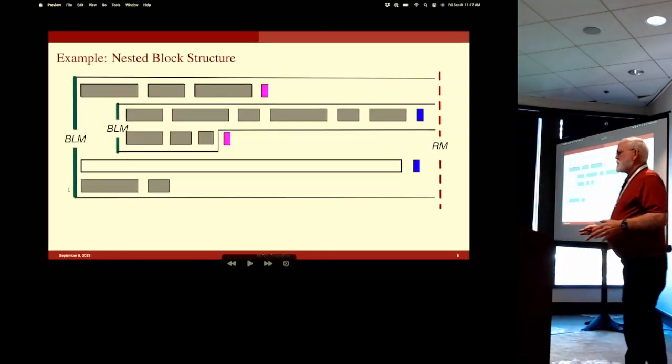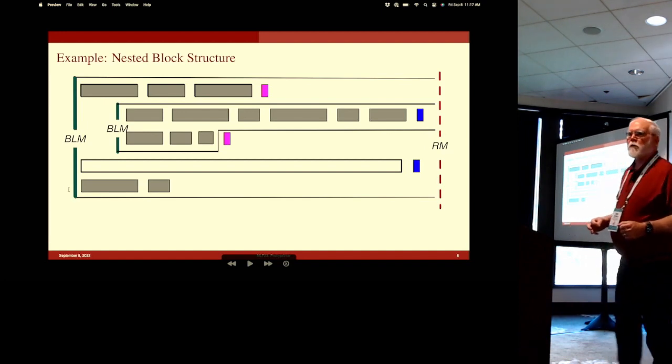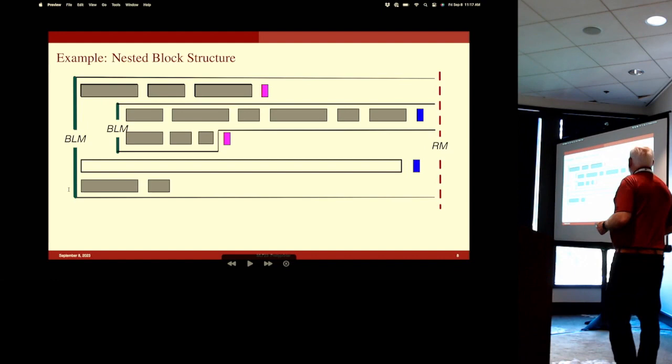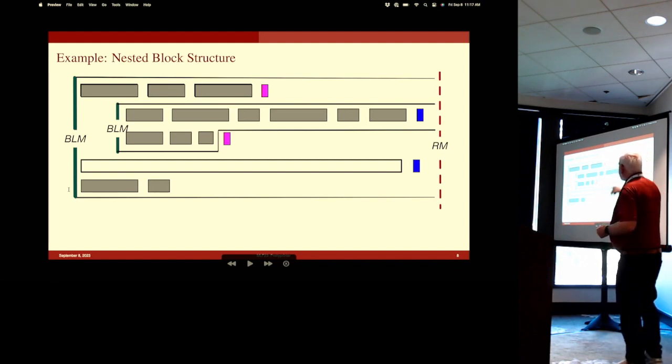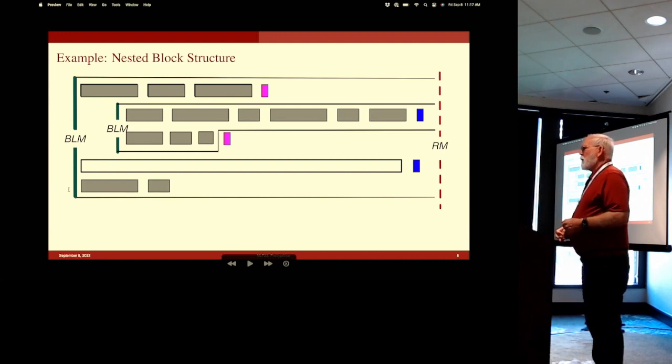Okay, so this is just a very schematic picture of what a laid out format looks like. This is not the format per se. This is a particular layout of it. The reddish little boxes correspond to soft line breaks that are triggered. There may be others, but only the ones that are triggered are displayed here.